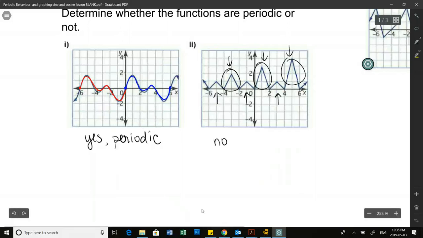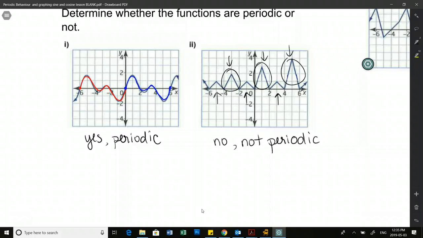So this one is no, it's not periodic. There's certain elements of this that are repeating, but it's not starting the pattern and then the pattern finishes and completely starts over again. So it would almost have to look like the first part of that pattern is copied and pasted right after it ends, which doesn't work with part two.